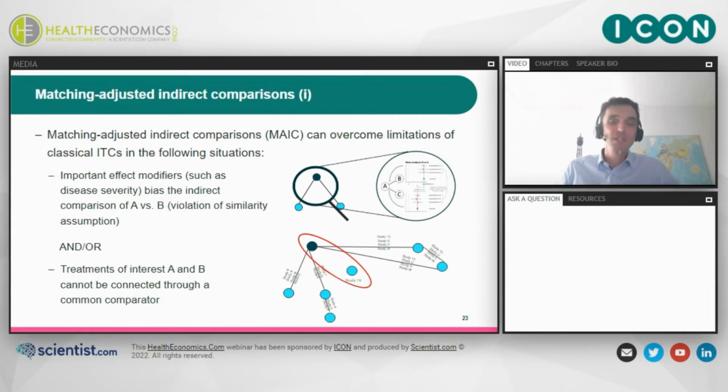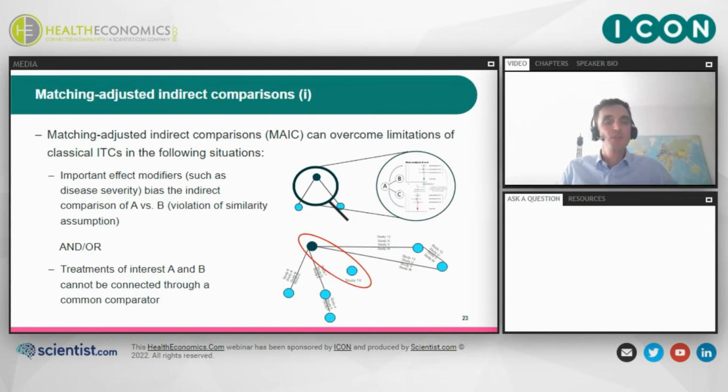There are especially two types of networks where MAICs can be of help. The first situation is where there is a comparison where you see important effect modifiers, for example disease severity or age, and these effect modifiers would bias a normal indirect comparison of A versus B. Again, this has to do with the violation of the similarity assumption that Katrin explained a couple of minutes ago.